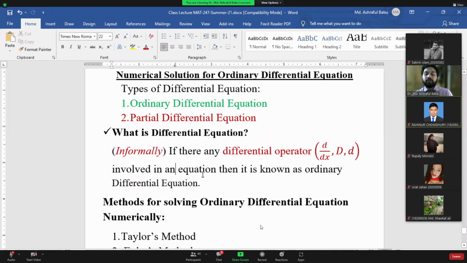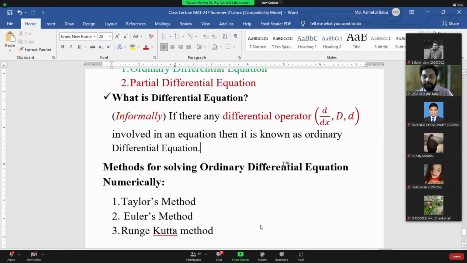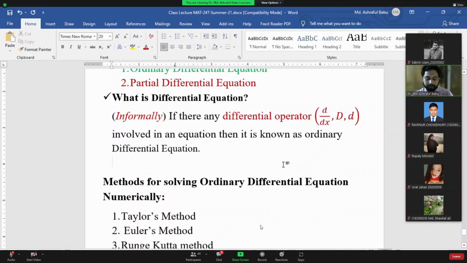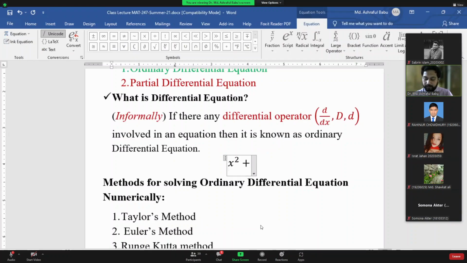You got this point? If you see in any equation, like I am writing an equation: x squared plus 2x plus 1 equal to 0. So this is a simple equation. In that equation, there is no differential operator.